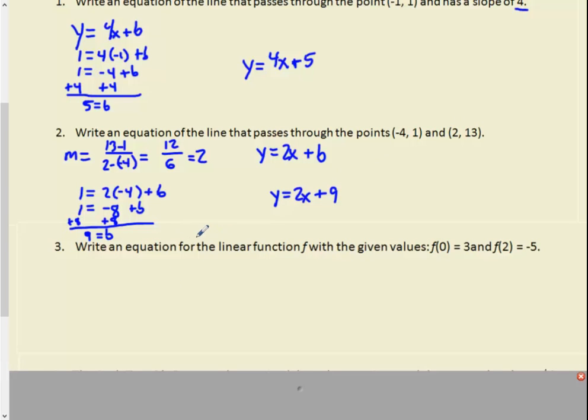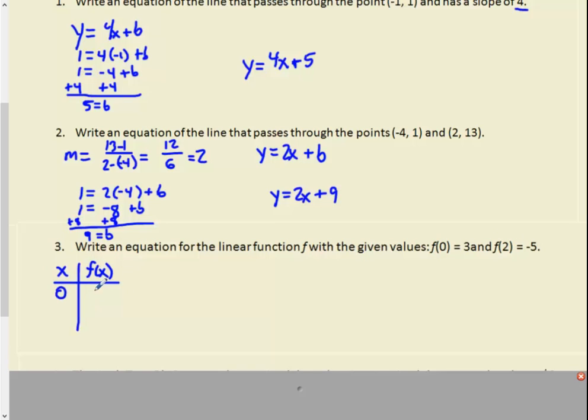Okay, number 3, write an equation for the linear function f with the given values. F of 0 equals 3, and f of 2 is equal to -5. Remember, f of 0 is the same thing as the value of y when x is equal to 0. So if you want, you can make a little table of x and f of x.